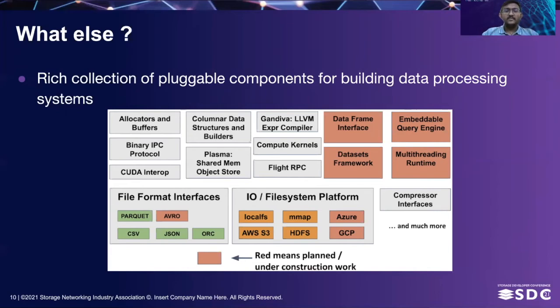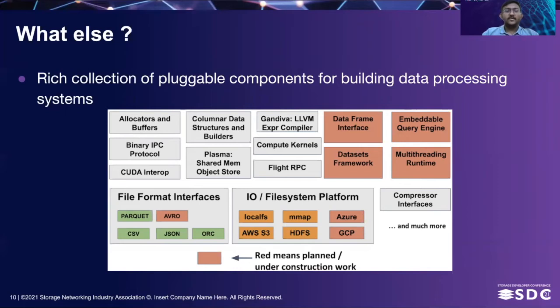Apache Arrow provides interfaces like an embeddable query engine, a multi-threading runtime, a datasets framework, a data frame framework, different compute APIs, an LLVM expression compiler, a binary protocol to move data between different systems, memory allocators, buffers, you name it. Apache Arrow has it all for building data processing systems.